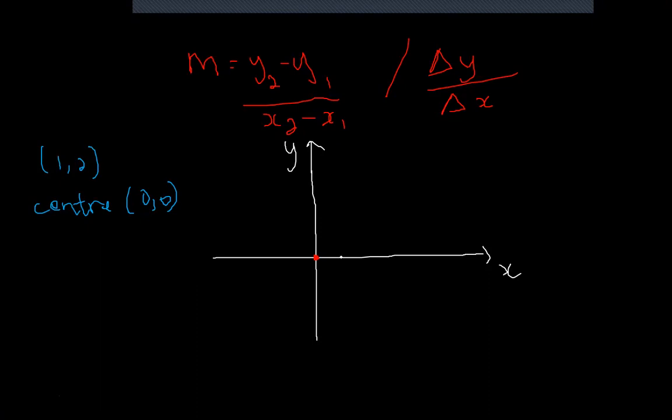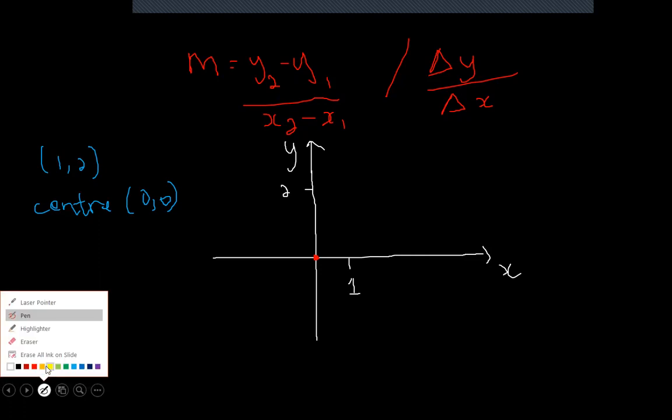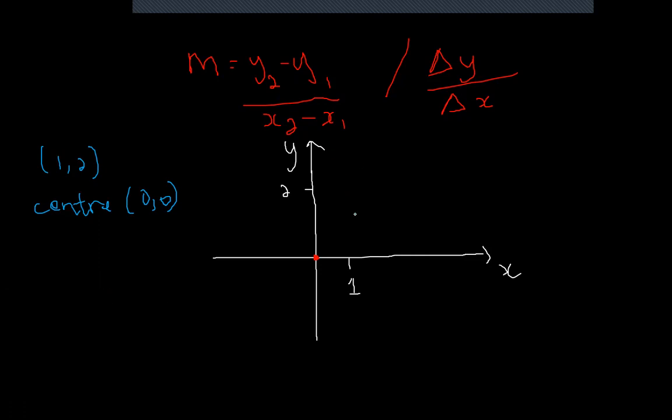So if I was to draw a sketch of this, I would say that this is 1, and probably like here is 2. So then I'll draw a point there. Let me put it in green. So this is where my point would be. Why?